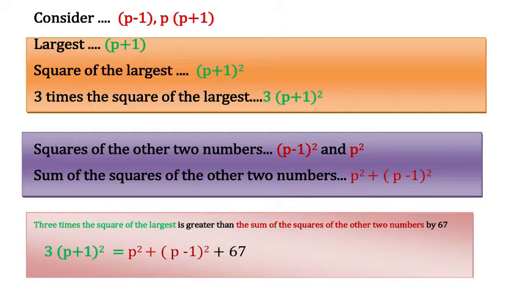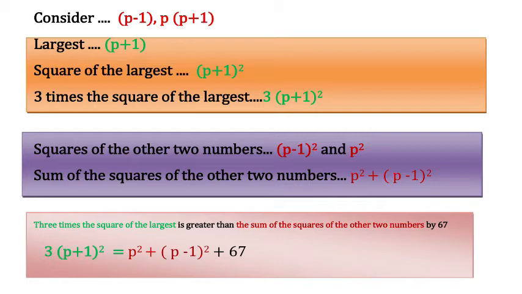So the sum of the squares of the other two can be represented as p square plus p minus 1 whole square. In this problem, we are considering the sum. It doesn't matter if you write p minus 1 whole square first and then p square next. It doesn't vary because the sum will not vary, as it does in the difference. So let us write the condition along with an equation.